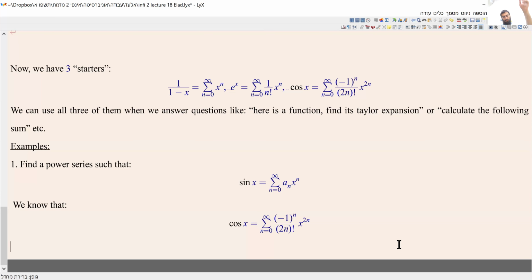And as we mentioned when we started this class, and discussed roughly in lecture number 17, when it comes to power series, we can differentiate and integrate as many times as we like, element by element.